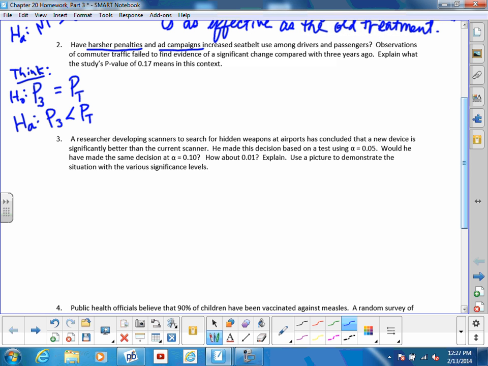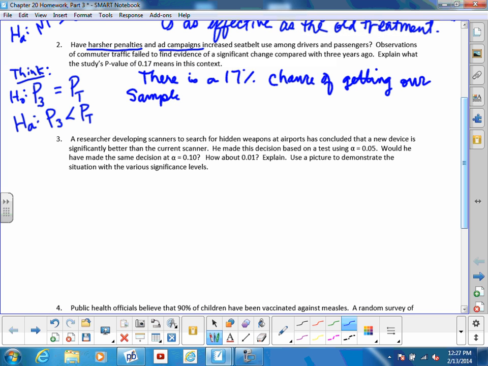So let's now line this up. We got a p-value of 0.17, so that means that there is a 17% chance of getting our sample results or something more extreme if what?